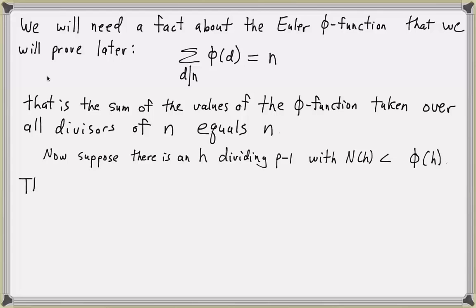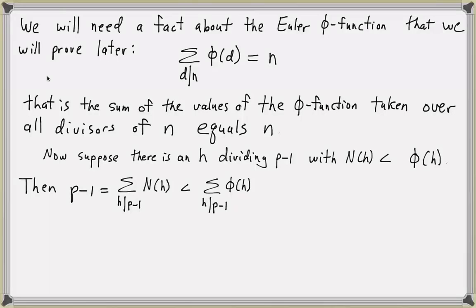Then recall earlier we showed that p minus 1 equals the sum over all h dividing p minus 1 of these capital N of h. And if one of these capital N of h is strictly less than phi of h, then this sum will be strictly less than the sum of phi of h, where h divides p minus 1.